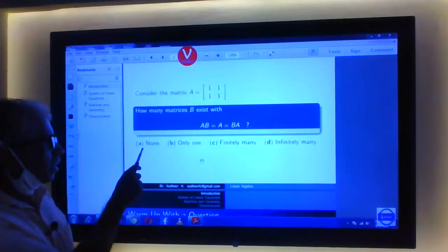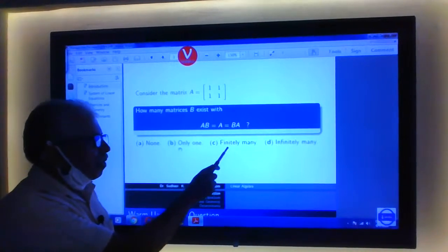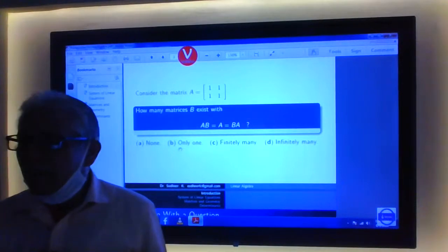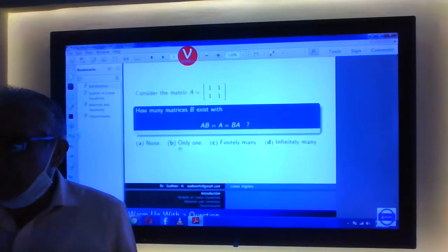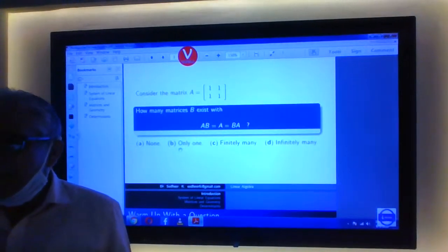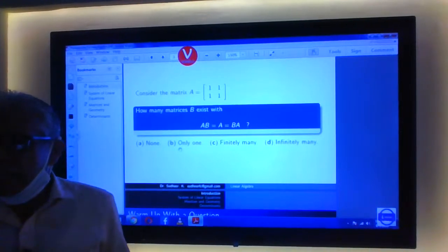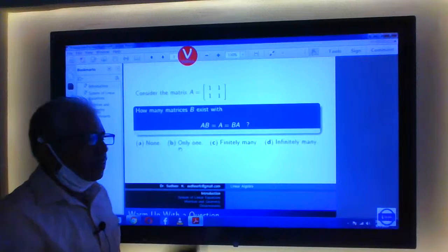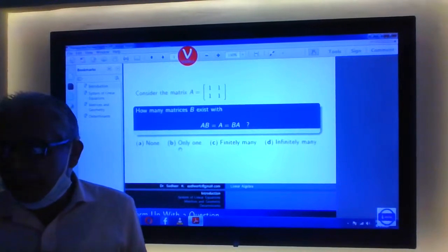And you have choices. None, only one, finitely many, infinitely many. So you have a given 2 by 2 matrix A, and you are asked to find how many different matrices B exist satisfying AB equal to A equal to BA.